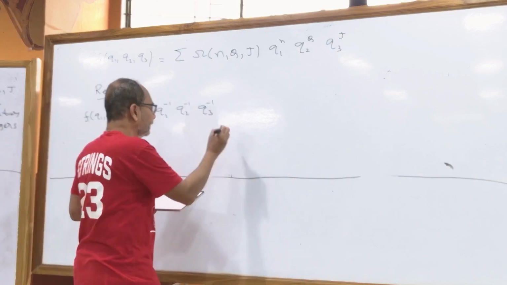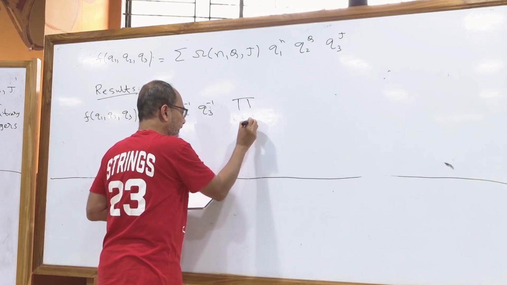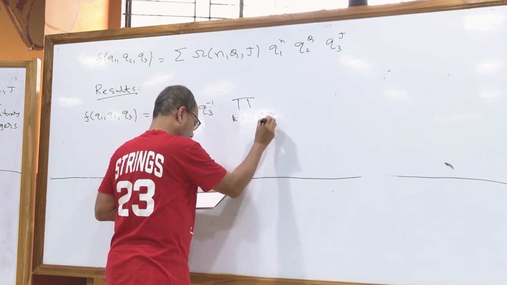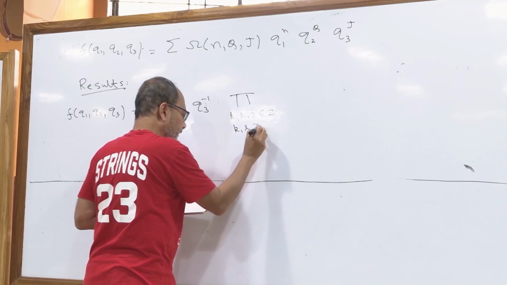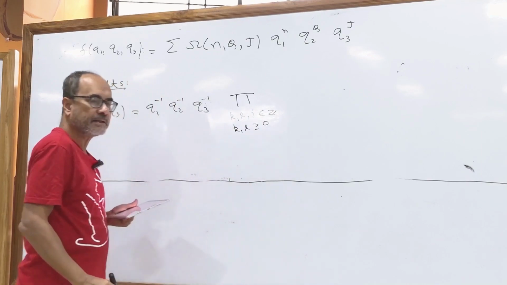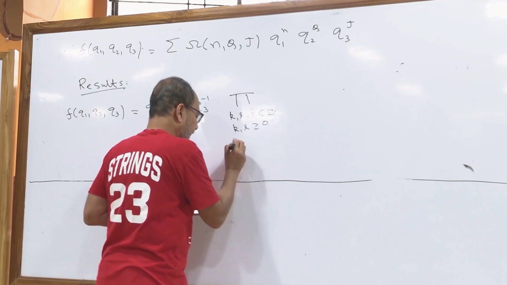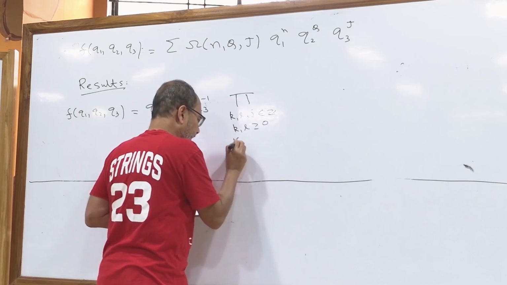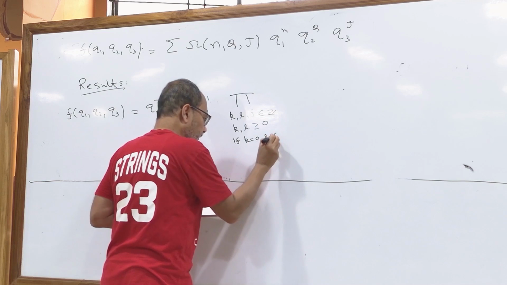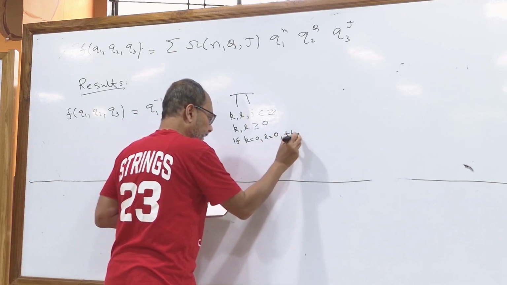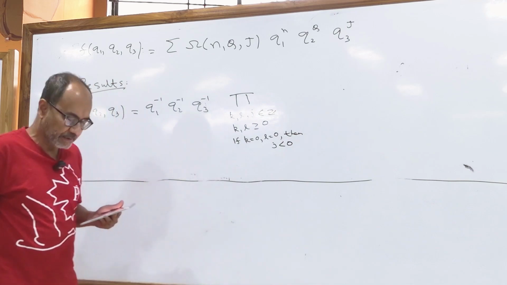Then product K, L, J, these are all integers. K and L are positive. J has no restriction. It can be positive or negative, except that if K and L are both 0, then J is only negative. Okay, that's the condition.